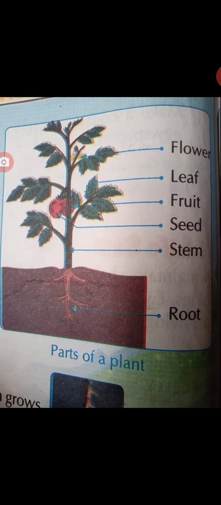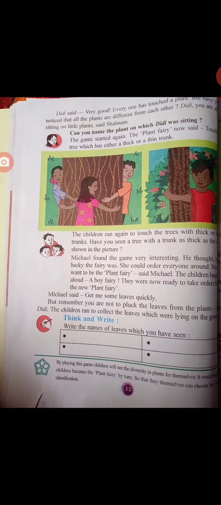Stem. The part of a plant that grows above the ground is called the stem. The stem of trees is strong and thick. It is called the trunk.